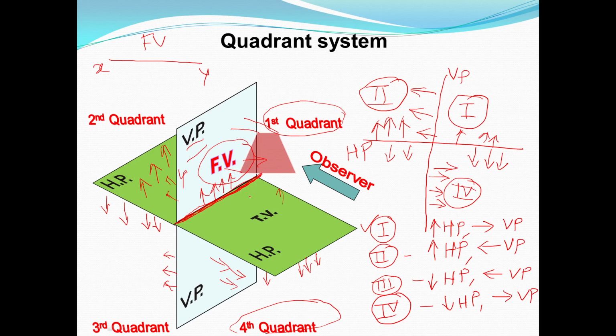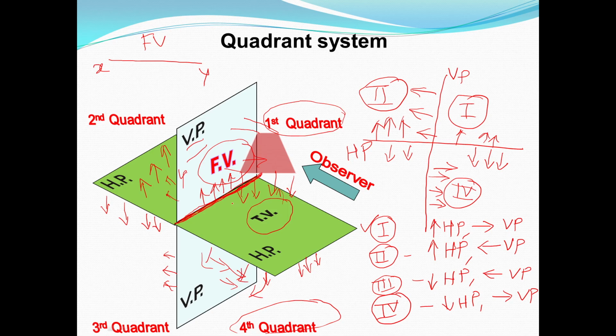Now the top view of the object in the first quadrant. You are getting its projection on the horizontal plane, and this horizontal plane rotates in the clockwise direction.